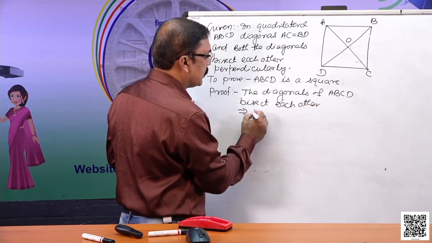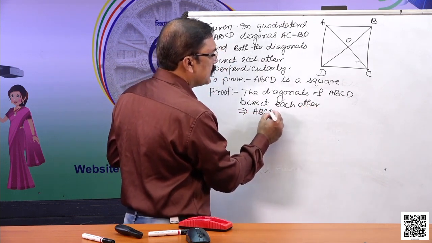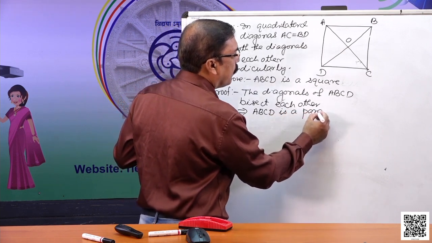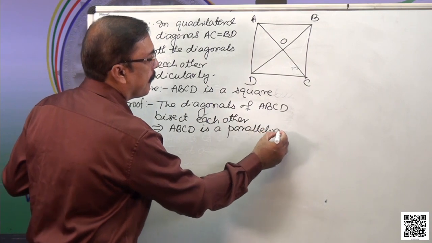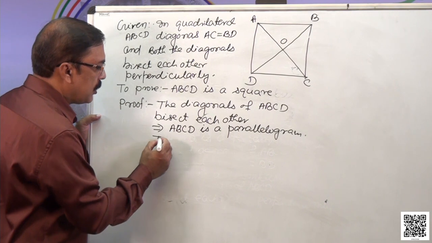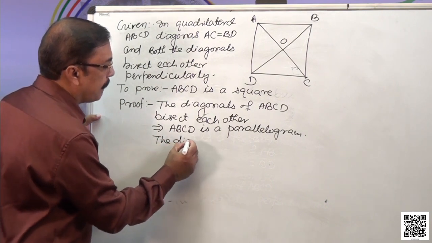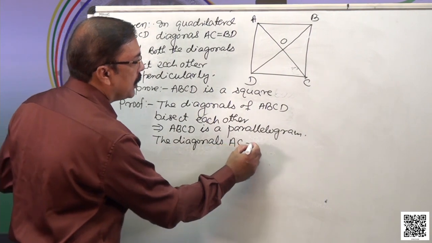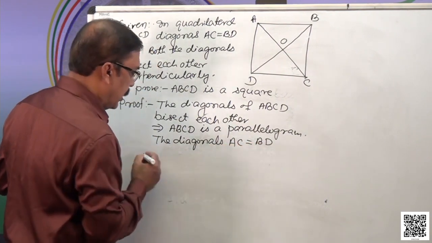This implies ABCD is a parallelogram. Now, the diagonals AC is equal to BD.